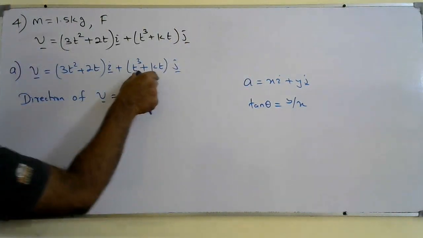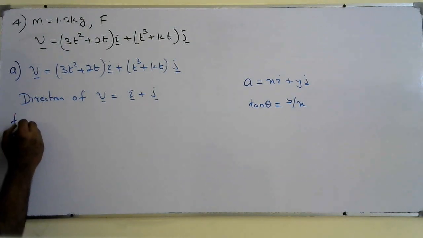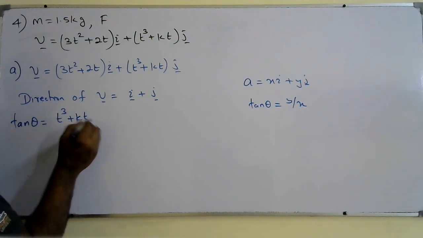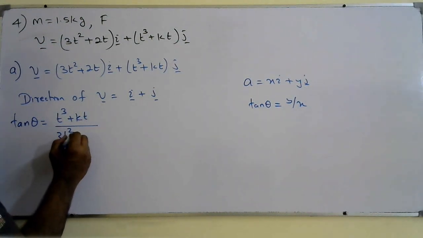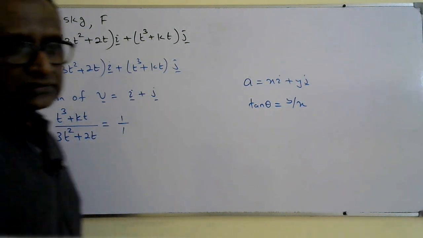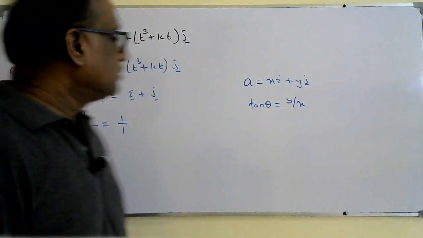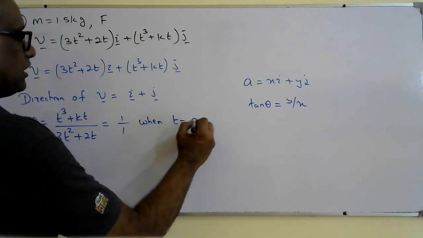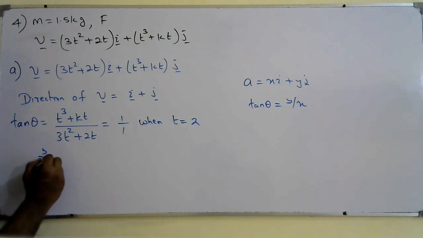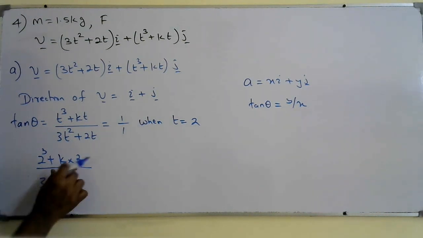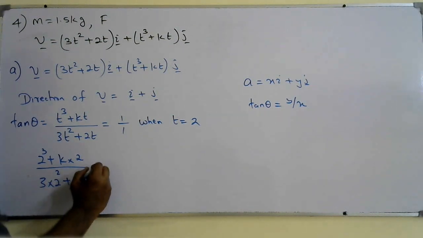So tan theta is equal to t cubed plus kt over 3t squared plus 2t, which equals 1 over 1. When t equals 2, substitute 2: 2 cubed plus k into 2 over 3 into 2 squared plus 2 into 2 equals 1.